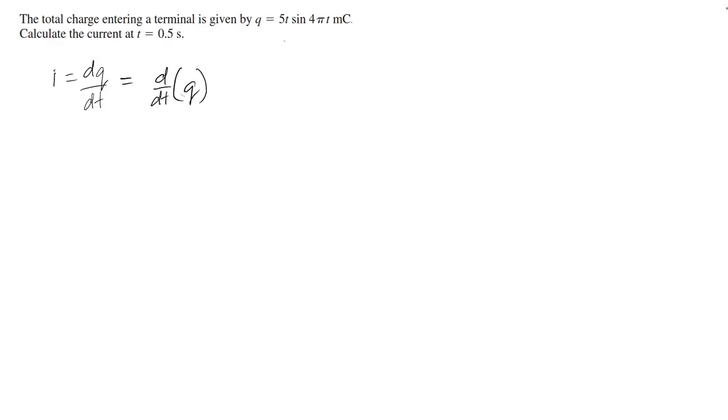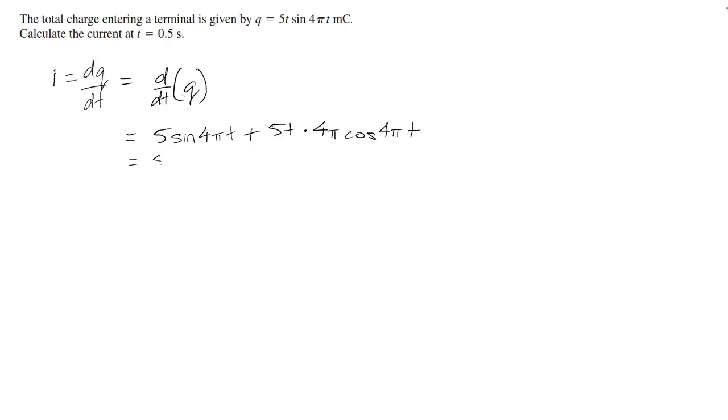We know that q is 5t sin 4 pi t, and using our product rule, we get 5 sin 4 pi t plus 5t multiplied by 4 pi cos 4 pi t.